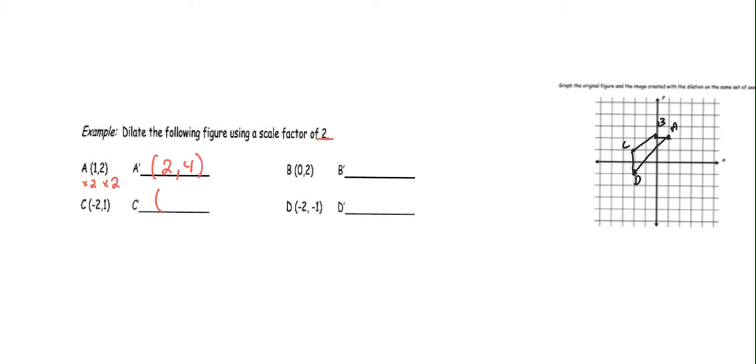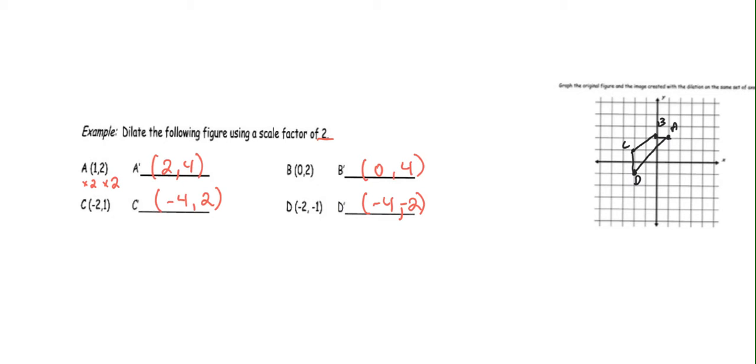C prime becomes -4, 2. B prime becomes 0 times 2 is 0, 2 times 2 is 4. And D prime, -2 times 2 is -4, and -1 times 2 is -2.